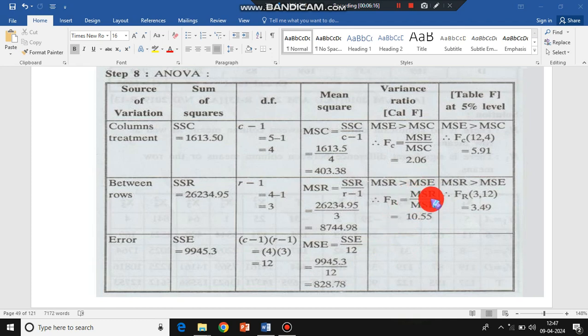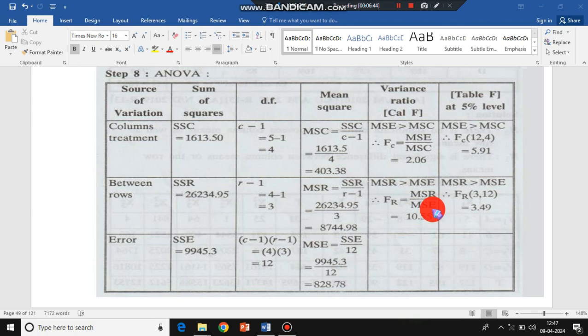MSR's degrees of freedom is 3, so that we write in the first place, as we did here. The denominator is MSE.